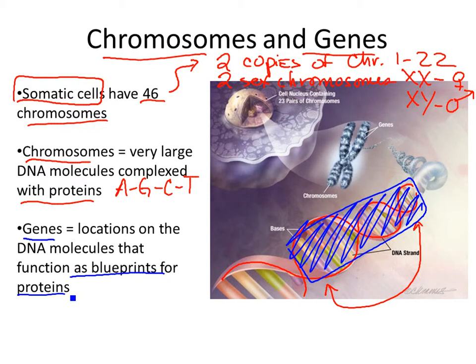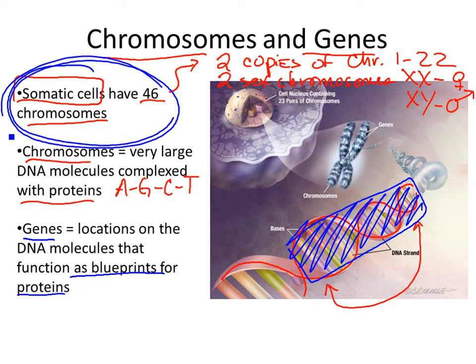They indirectly or directly lead to all of the different traits and functions of your body. So those blueprints are very critical, which means all of the cells of your body, other than those pesky red blood cells, have got to contain 46 chromosomes. They've got to have 2 copies of chromosome 1 through 22 and the 2 sex chromosomes.